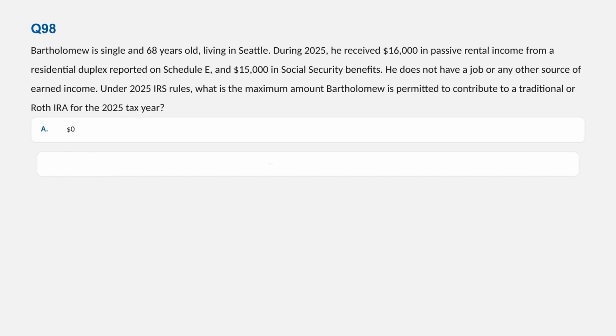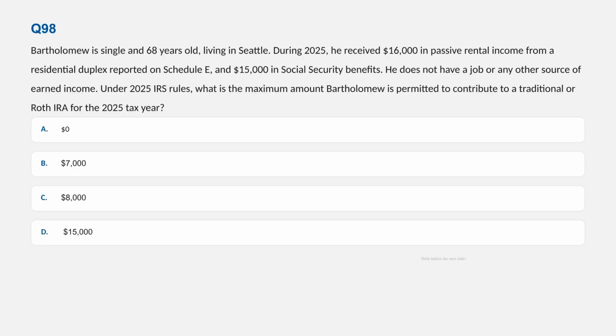Question 98. Bartholomew is single and 68 years old, living in Seattle. During 2025, he received $16,000 in passive rental income from a residential duplex reported on Schedule E and $15,000 in Social Security benefits.